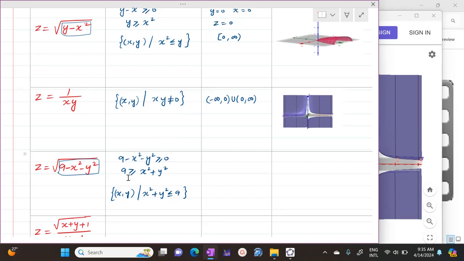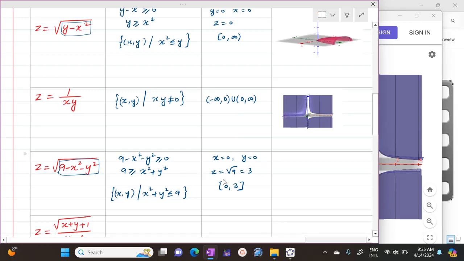And what is the range? If I substitute x equals 0, y equals 0, then z equals root 9, which equals 3. So the range will be 0 to 3.